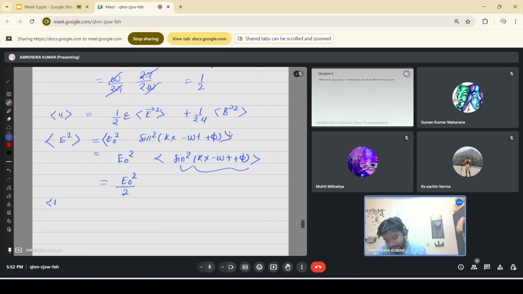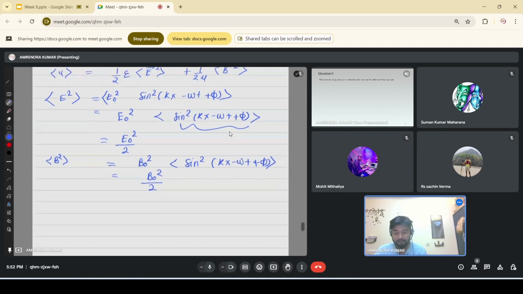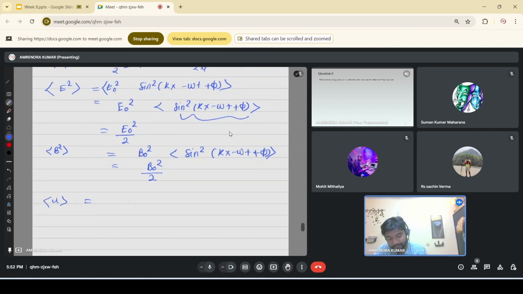Similarly, we can write for B square, it will be B naught square times the sine square of (kx minus omega t plus phi), so it will be B naught square by 2 also. So the energy that we are calculating will be half epsilon E naught square by 2 plus half B naught square by 2 over mu.